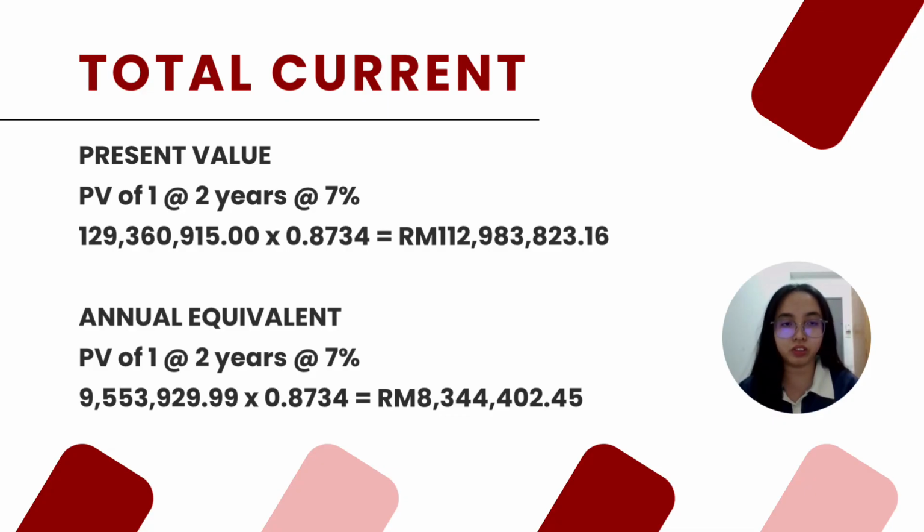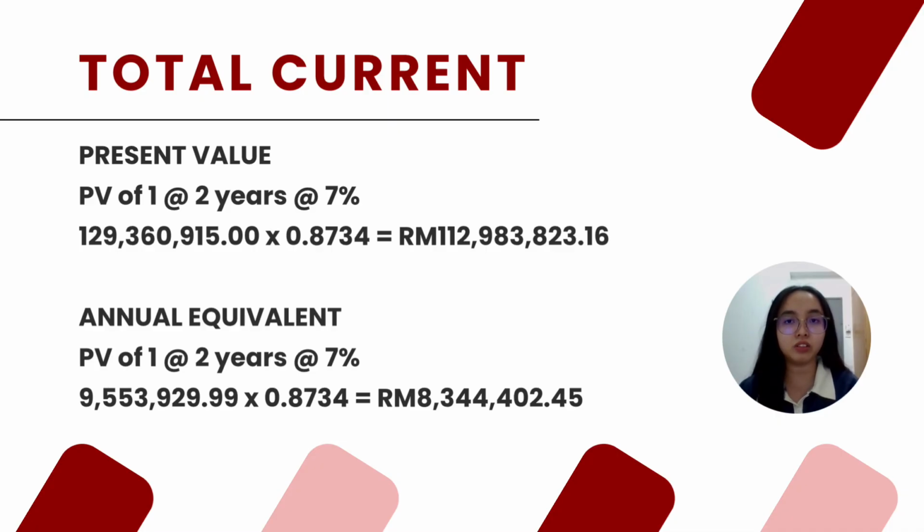Furthermore, for the total current cost, since the construction period is 2 years and the discount rate is 7%, I use the present value of 1 for 2 years, which is 0.8734.